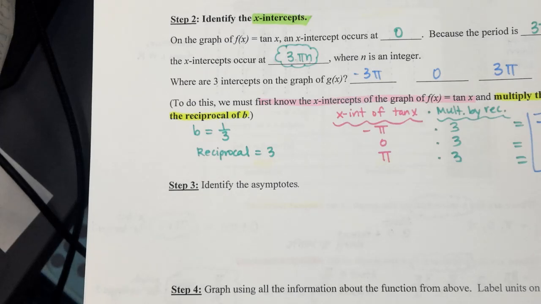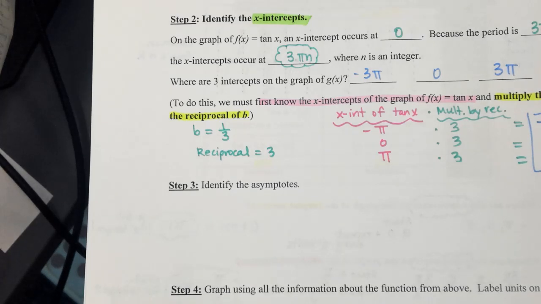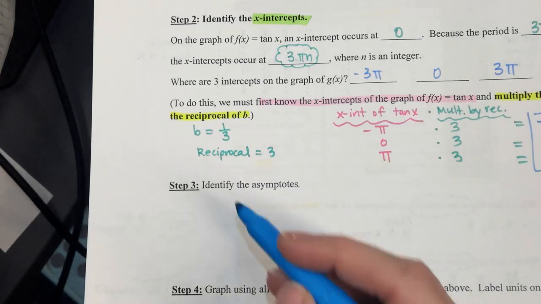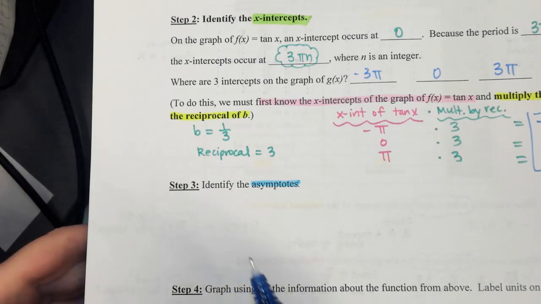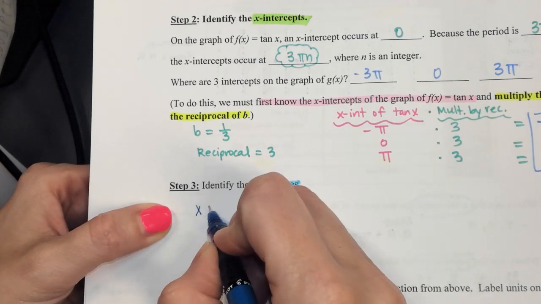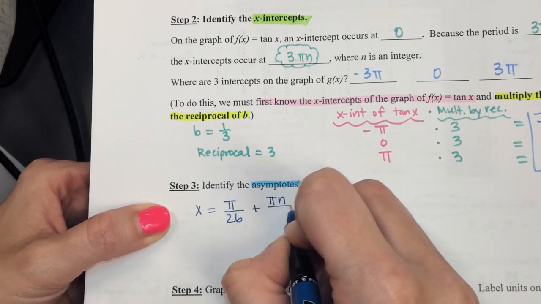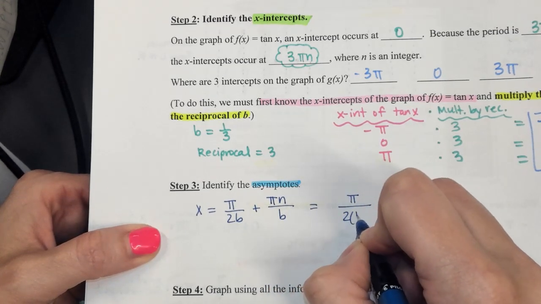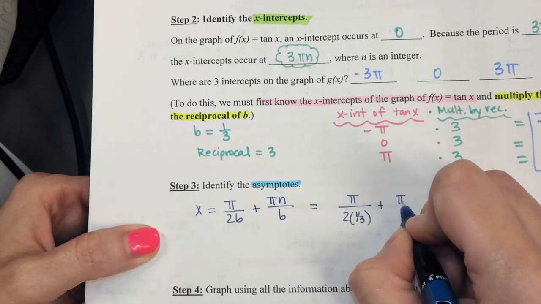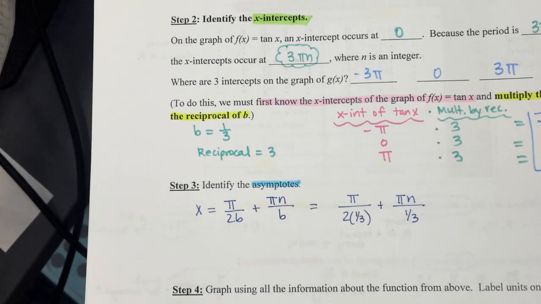All right, and then we are going to identify the asymptotes next, and you do have an equation for that. So for the asymptotes for tangent, it's x equals pi over 2b plus pi n over b, and we are going to plug in 1/3 as our b value. And then I'm going to have you simplify that. Okay, so write what your simplified version would be for your asymptote equation.